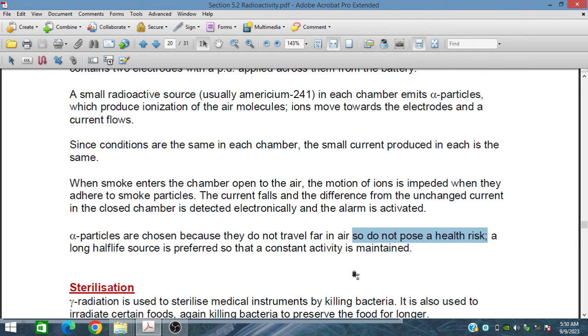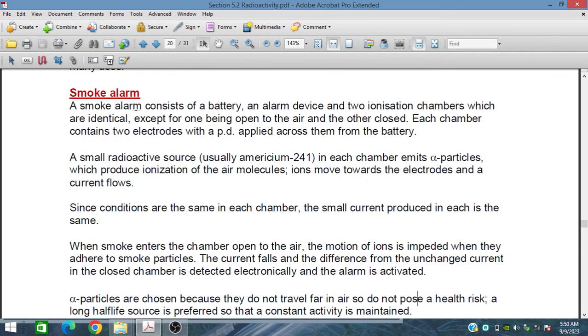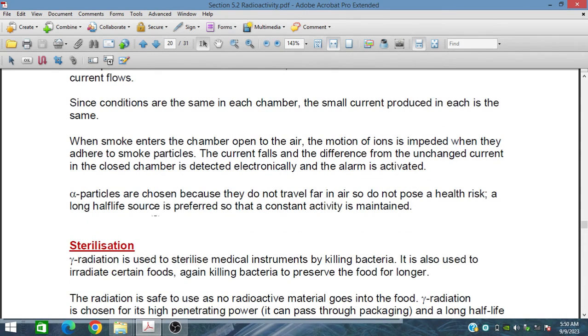A long half-life source is preferred so that a constant activity is maintained. Usually in this chamber, long half-life sources are used, so they give very low activity.